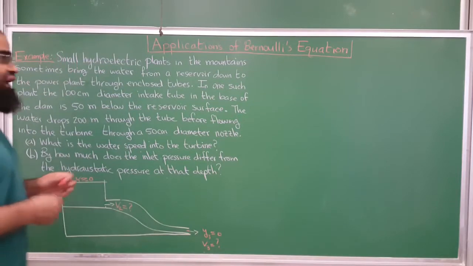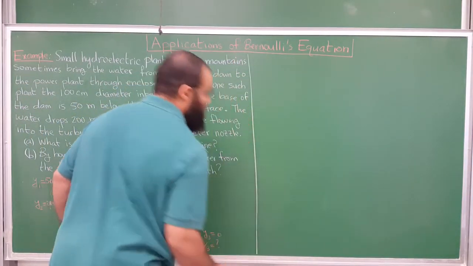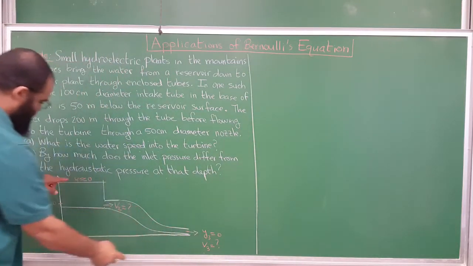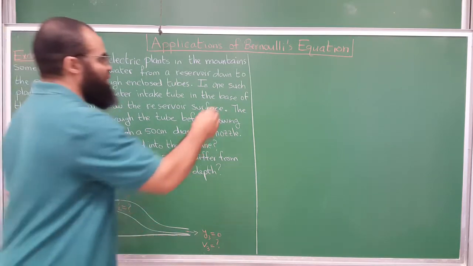So the key is, this is fluid and it's moving, and our friend will be Bernoulli's equation. Since we want the speed here, I'm going to apply Bernoulli's equation between these 2 points, here and here. And remember what it says.